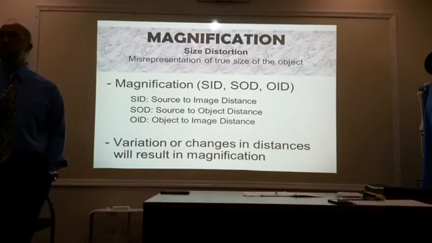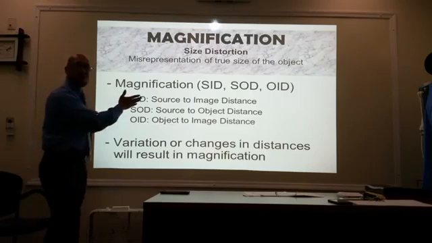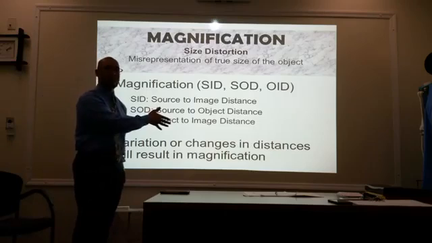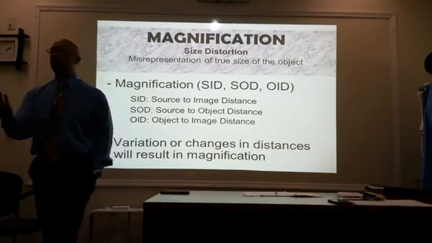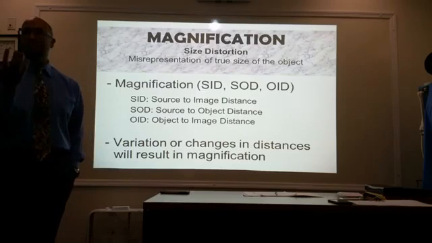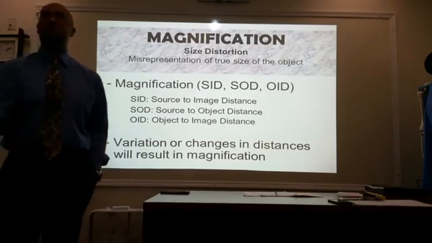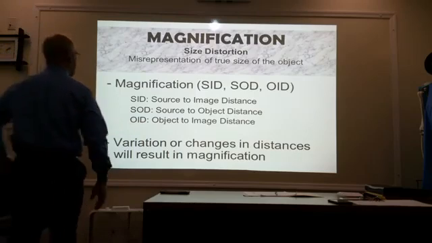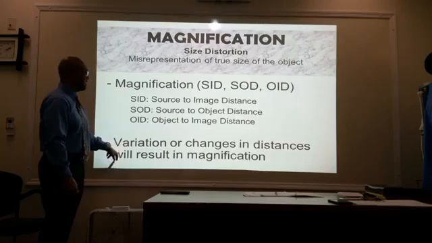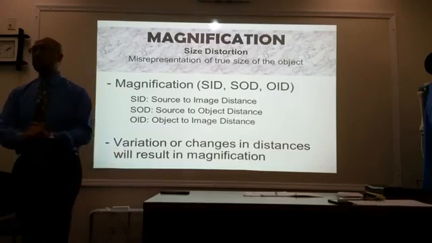Source is your X-ray tube. Image is your image receptor. Okay? And the object is going to be the patient, or the object being X-rayed. Any variation or changes in distances will result in magnification.